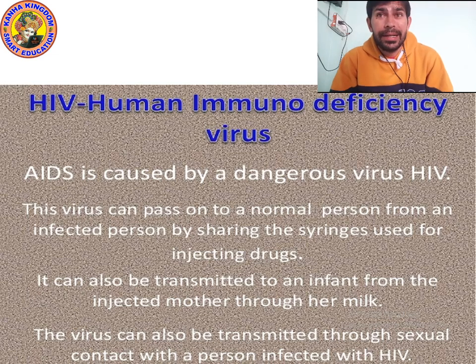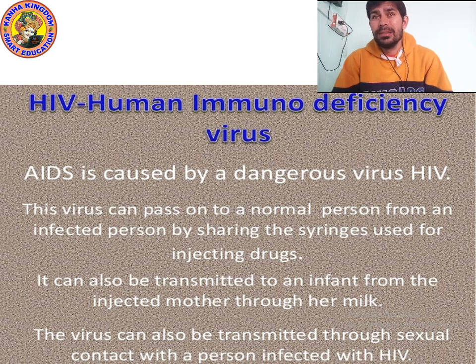This virus can also be passed to a normal person through the syringe used by a doctor. One injection cannot be given twice, so if a doctor does this, you should stop them.